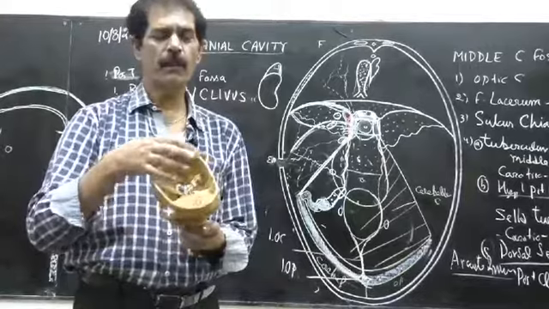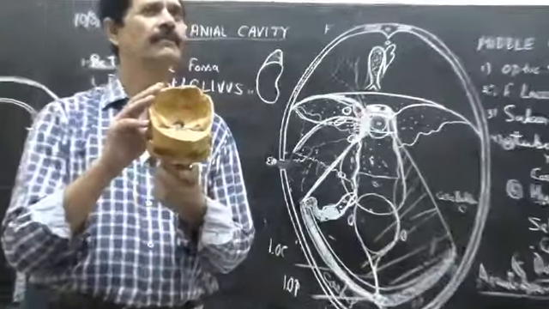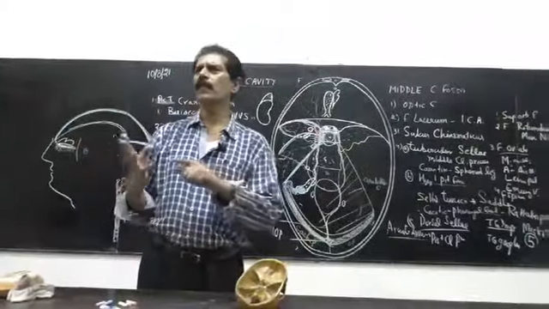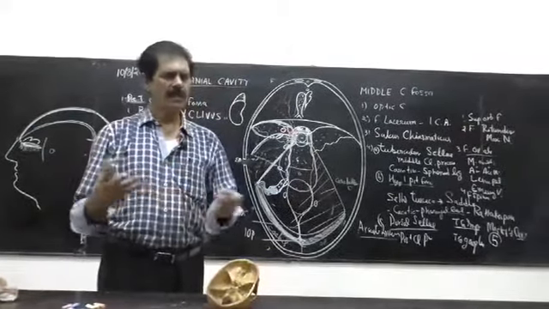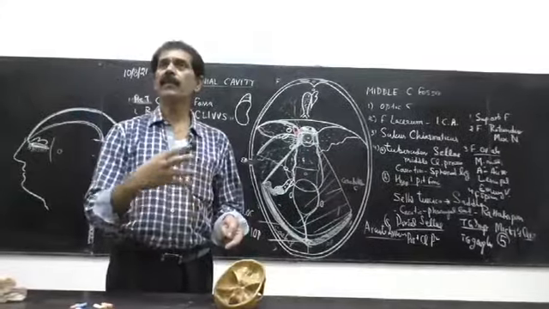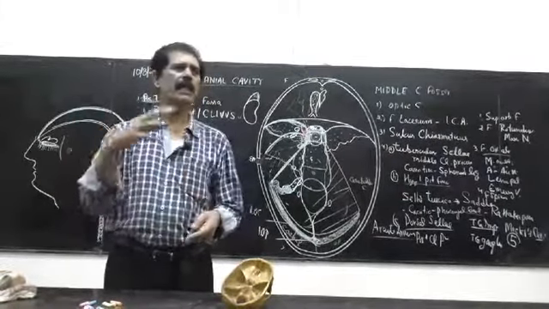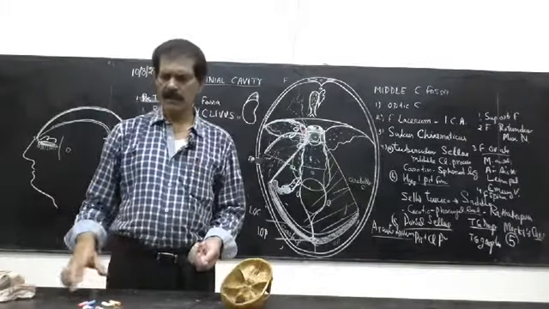So there is a groove for the occipital pole. This is how you have to do the whole of the cranial fossa in 3 parts, and what lodges where, that you know. You have to superimpose the brain inside the cranial cavity. That's all. Thank you.